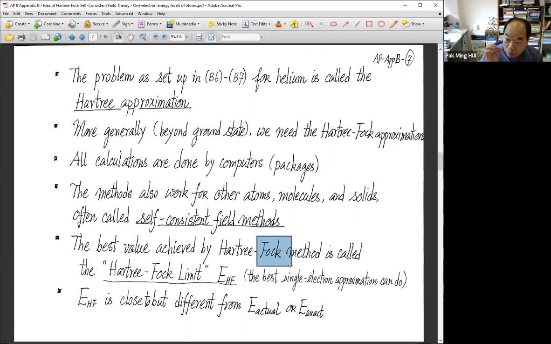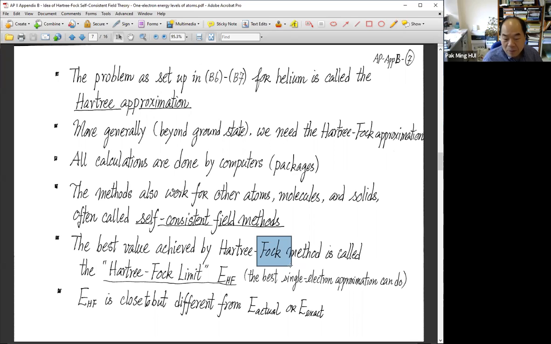Last time I mentioned briefly, when we treat the excited state, we have to deal with two different states, 1s and 2s. In such a situation, in addition to the J integral, we will see another funny integral called the K integral, which is called the exchange integral.